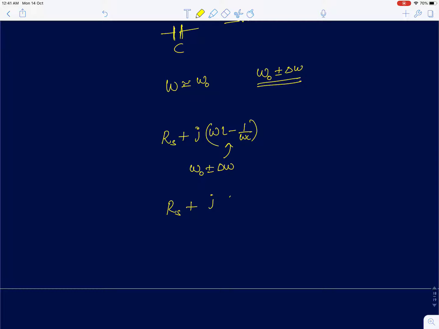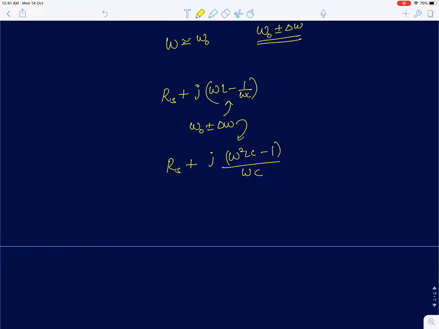This can be reduced to j times (omega squared LC minus 1) by omega C. I'll substitute omega as omega naught plus or minus delta omega, and I'm going to get a term like this. If I take omega naught common out, you'll be left with omega naught squared LC into (1 plus or minus delta omega by omega naught) the whole squared, divided by omega naught C. Since delta omega is much smaller than omega naught, I'll ignore delta omega there.